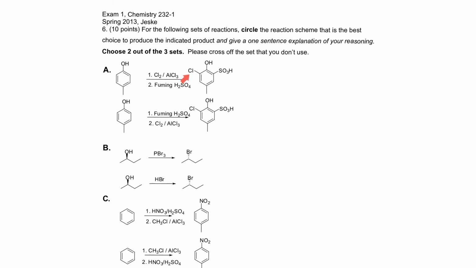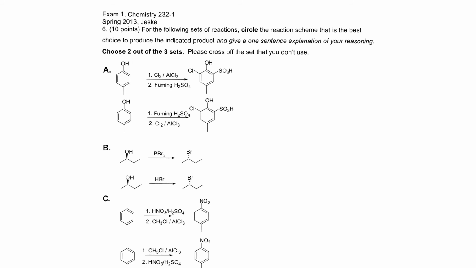If we look at the activating qualities of the 2 groups, SO3H is probably a strong deactivator, sorry. Remember there are S=O double bonds coming off of the sulfur, so that's going to be an electron withdrawing group. The chlorine, of course, is by induction an electron withdrawing group. However, we know that it has a lone pair that it can donate, so it is an ortho-para director, but a weak deactivator.